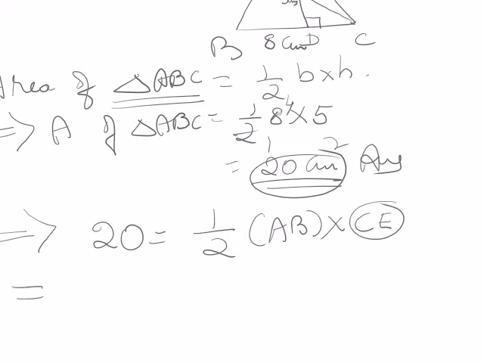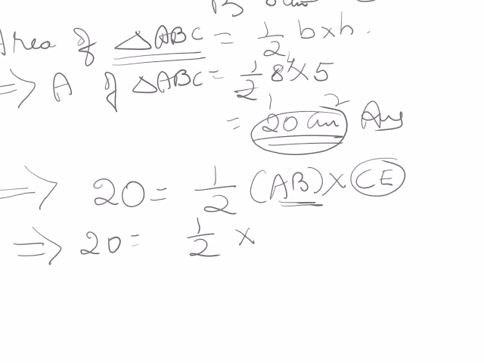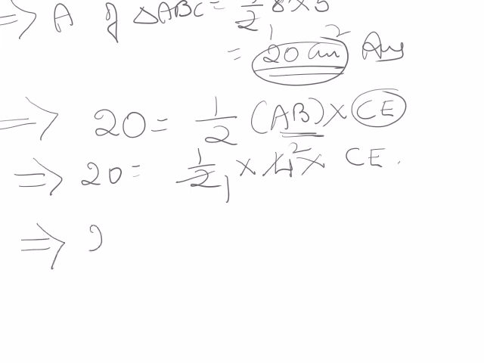So 20 is equal to half. We know AB. AB is given to us as 4 centimeter. So half into 4 into CE. CE is the height corresponding to AB. So 2 ones are 2, 2 twos are 4. So 20 is equal to 2 times CE, right?